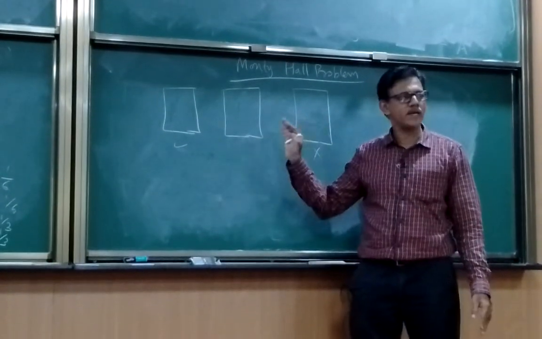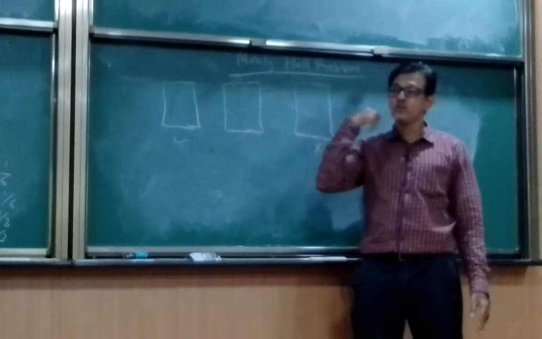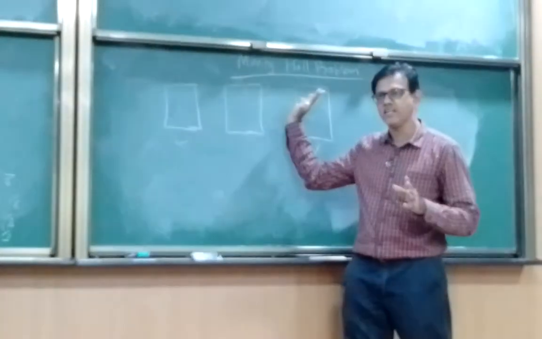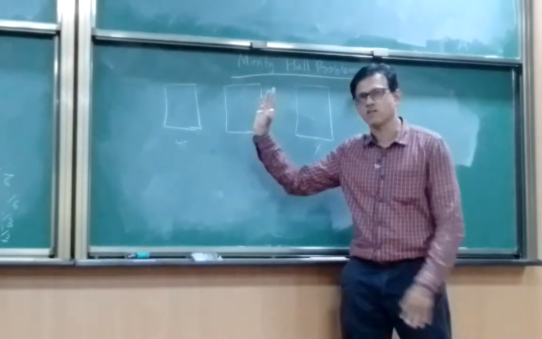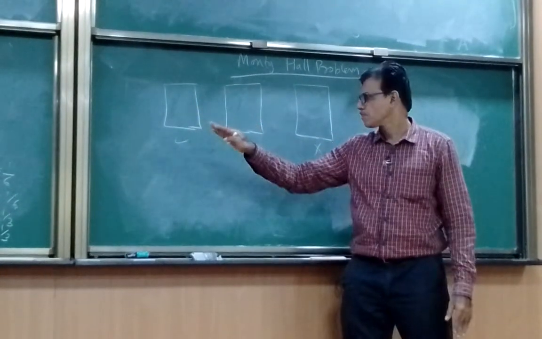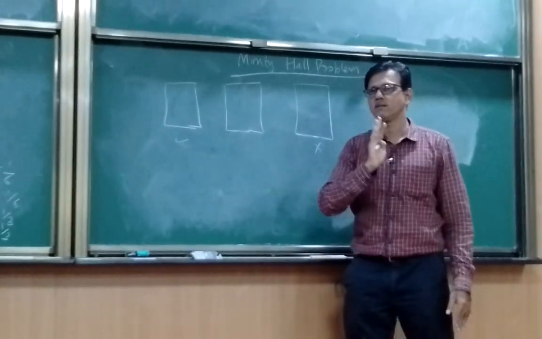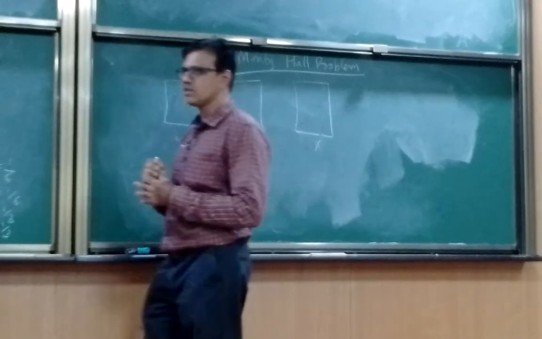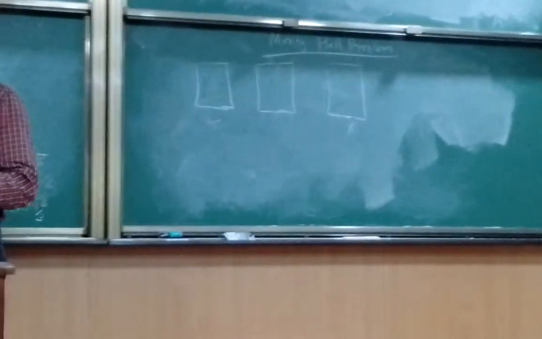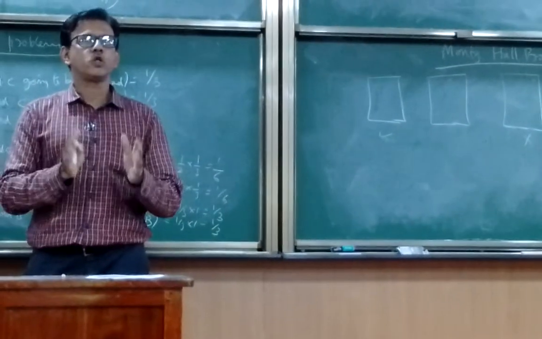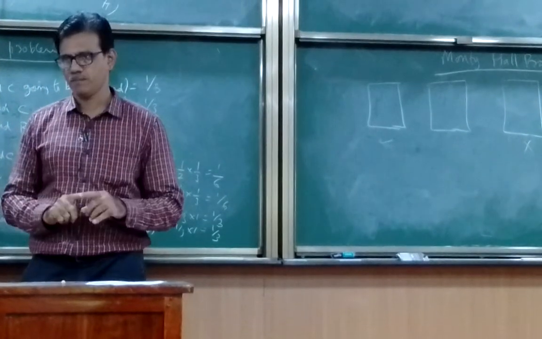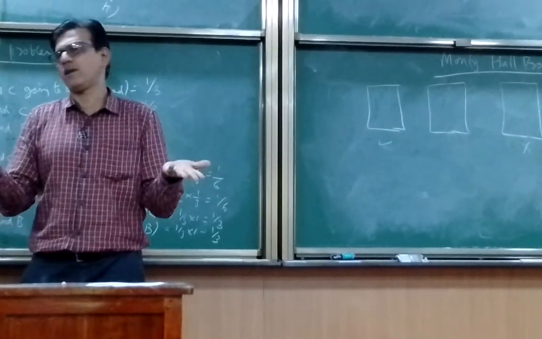This is the usual way he does it. Sometimes he says, I will give you $1,000, you can walk away, or you can continue to play. Let's not look at those things. Only this: should the player switch the door, or stick to the original option, or does it not matter what he does?